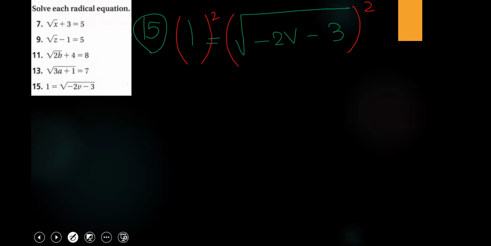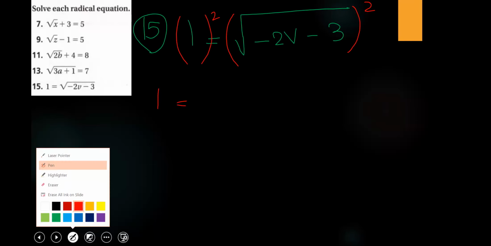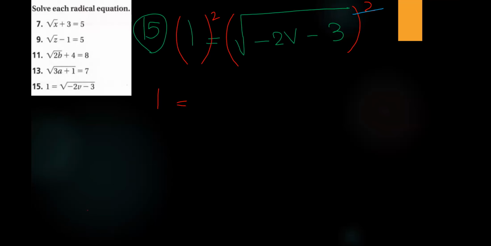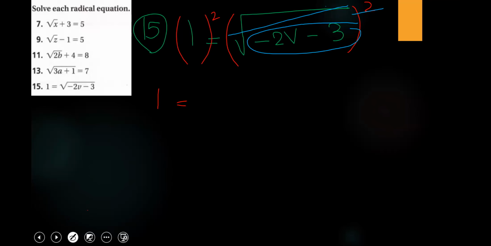Then 1 squared is 1. And here, as I told you, the square comes like Superman, it cancels the square root. So I have only negative 2v minus 3.